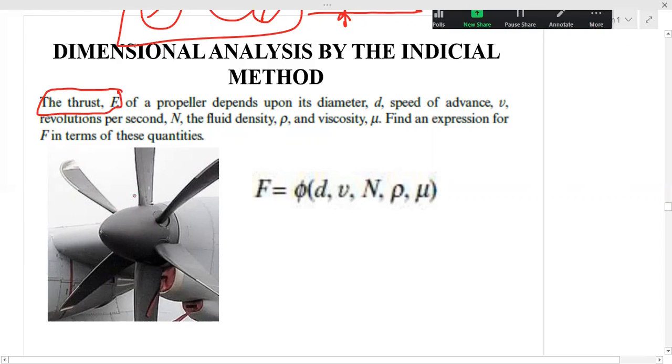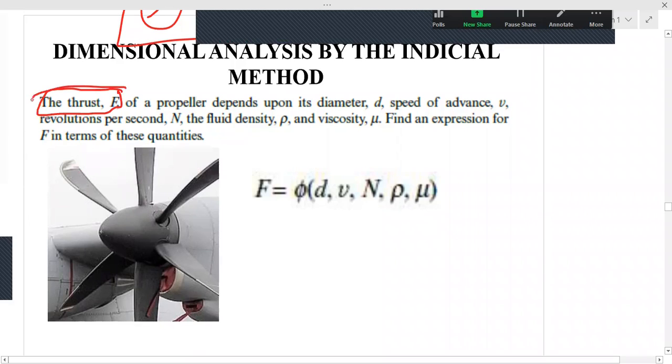Its power will depend on what all parameters? The input current, the aerodynamic viscosity, whichever fluid it flies in, and the fan blade length, fan blade size, mass. So there are many variables that will actually alter this thrust force.